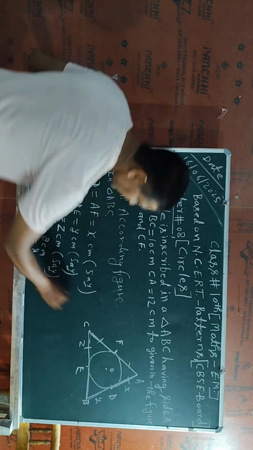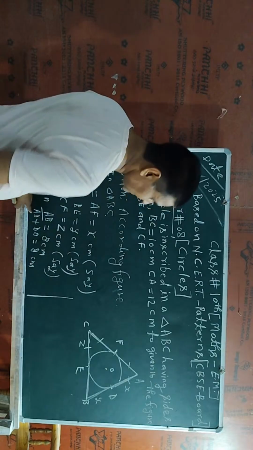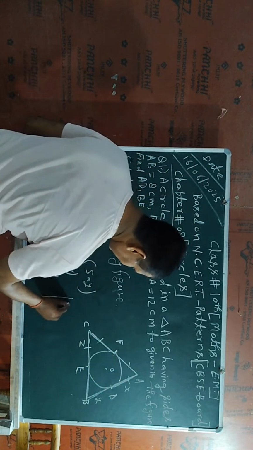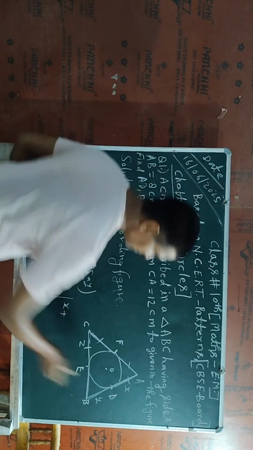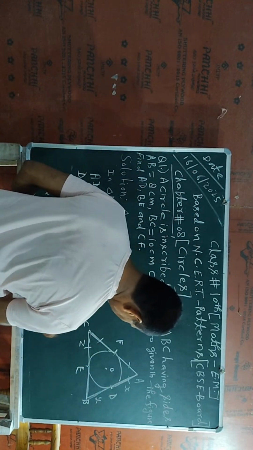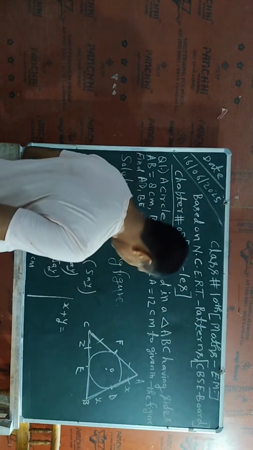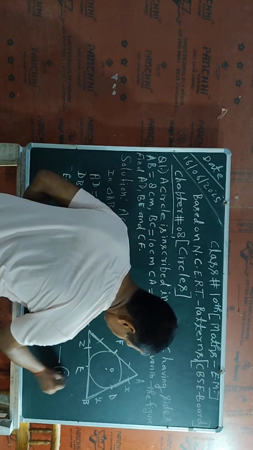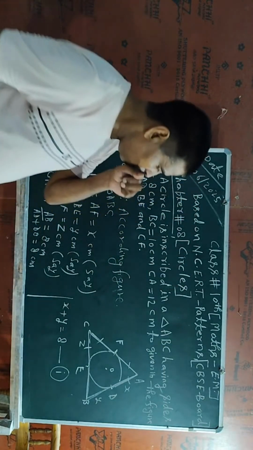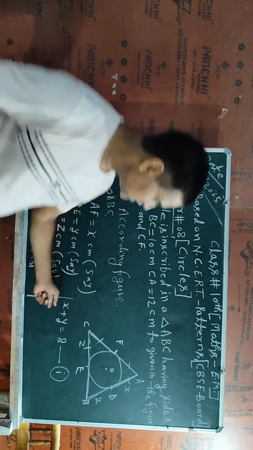Further I will write the length AD value is X, and the BD value is Y, so X plus Y is equal to 8 centimeter. I will say this is equation number 1.